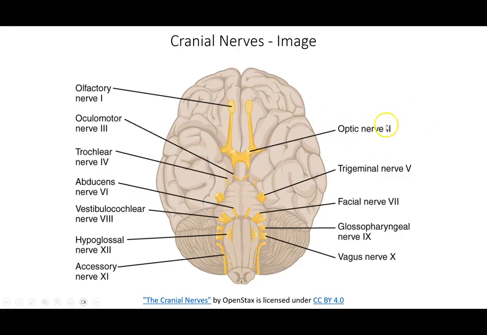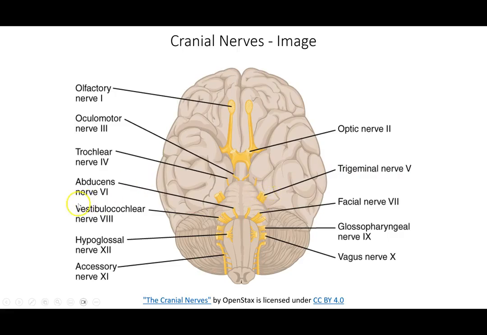Optic nerve, this is cranial nerve number 2. That is these right here, along with the optic tracts, which are the lower portions of this X, and the optic chiasm here in between. All right. You'll also learn in lab the trigeminal nerve. This is cranial nerve 5, located right here on the side of the pons.